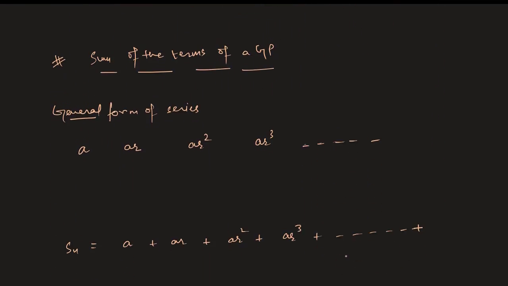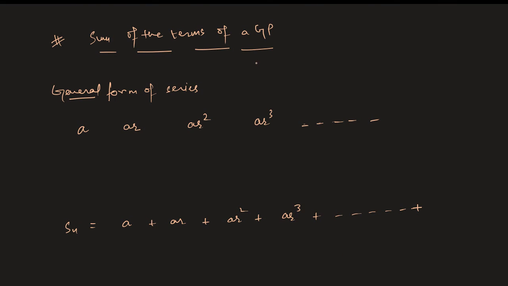Okay, now the sum of terms of a GP. The general formula. Let's suppose this is a, so I have multiplied it by r, multiplied by r, multiplied by r. So what would be my nth term? Let's suppose this is my first term, this is my second term, this is my third term, this is my fourth term.